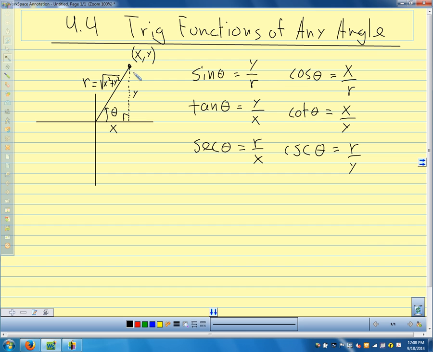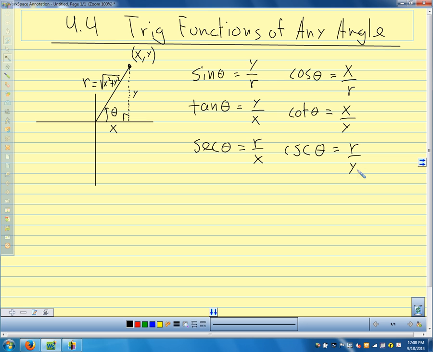So we're talking about a point in space, and we talk about the angle. We connect that point to the origin, and the angle sitting at that point defines an angle for us. And this is all of our trig functions based on the coordinates of the point. So we can find all of these just from the x and the y coordinate of the point. So you don't have to be thinking about a right triangle with the balloon or the elevation of the sun.